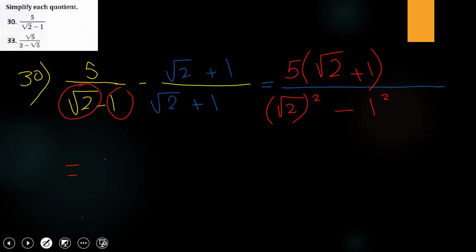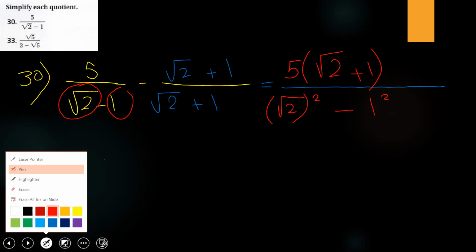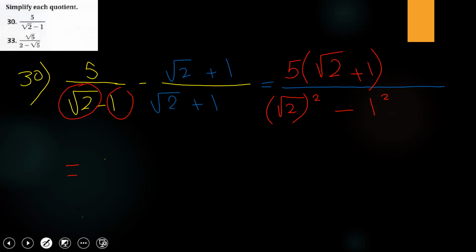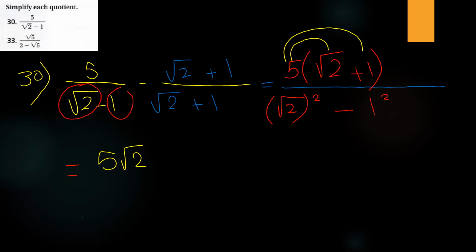Then let's continue. Look at now the numerator. Let's say it is 5 square root of 2. Teacher, yes, Sarah. Here it is 5 over square root of 2 minus 1, here square root of 2 plus 1 over, or multiply. This is multiply, sorry.